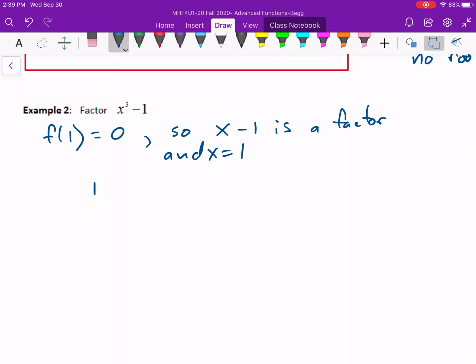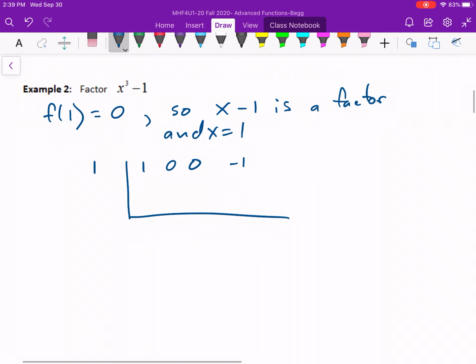So if I put 1 out here, and again, my coefficients would be 1, 0, 0, negative 1. Again, putting placeholders in for x squared and x. Going through the synthetic division, this is what I get.